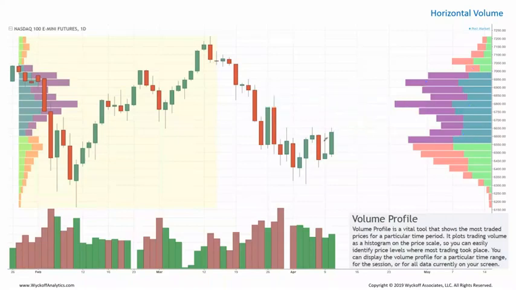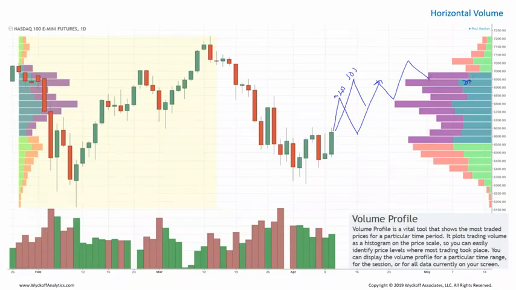Okay, hold on a second. Let me just redraw. Like this, or like this. And this would be a sign of strength. And then from there, up, down, up, down.